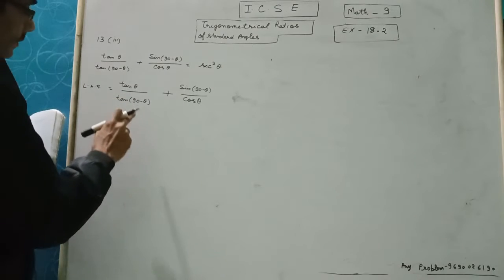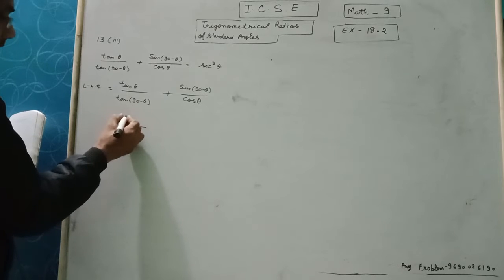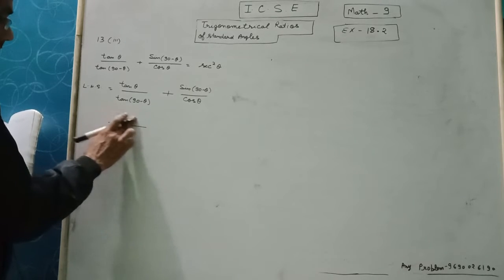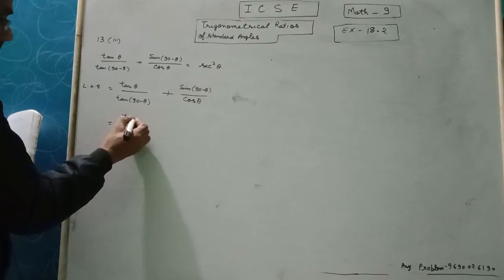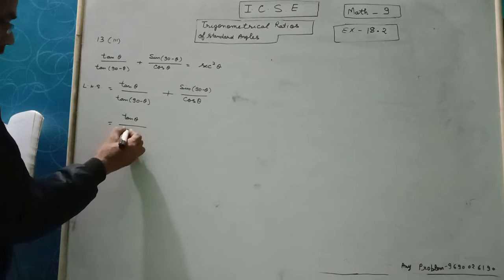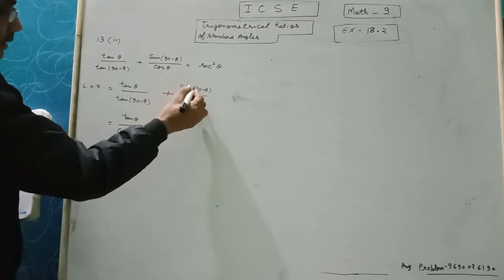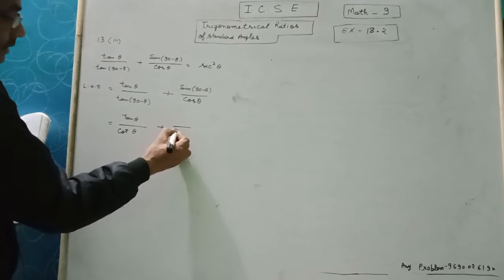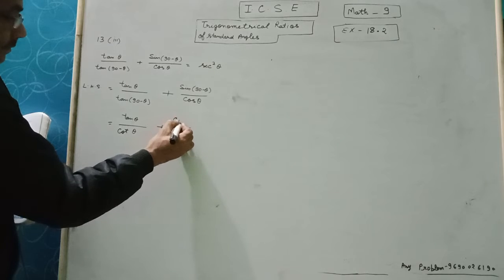By the two formulae, tan(90 minus theta) is changed into cot theta, and sin(90 minus theta) changes into cos theta.